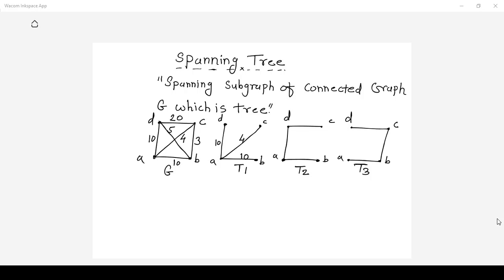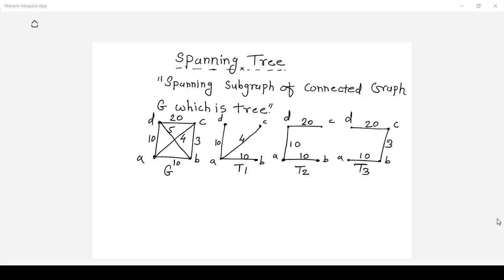In T2, D to C edge is having cost 20, A to D is having cost 10, and A to B is also having 10. In T3, 20, 3, and 10. Now I have assigned some cost, or I can say a weight, for every edge of the graph.